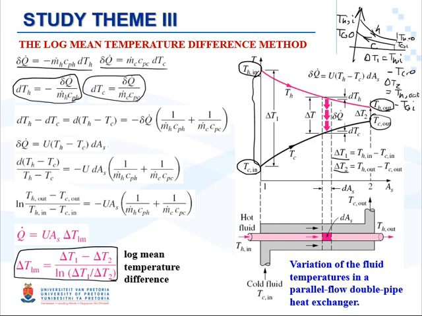So configuration can play a big role here in calculating the log mean temperature difference. Keeping in mind that when we said delta T1 is equal to T hot inlet minus T cold inlet, and delta T2 is T hot outlet minus T cold outlet, that is not always the same.